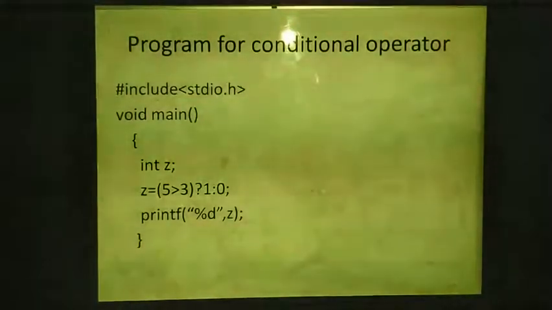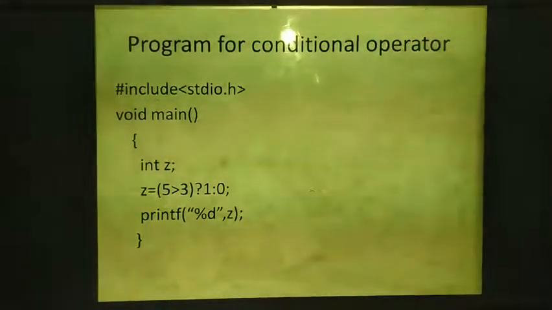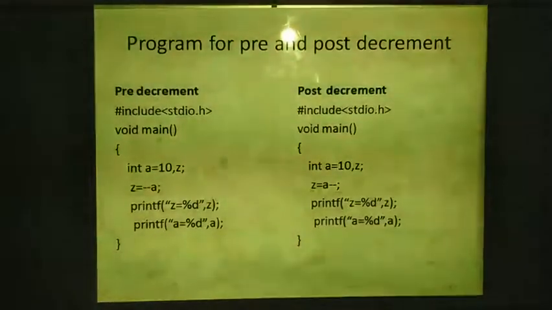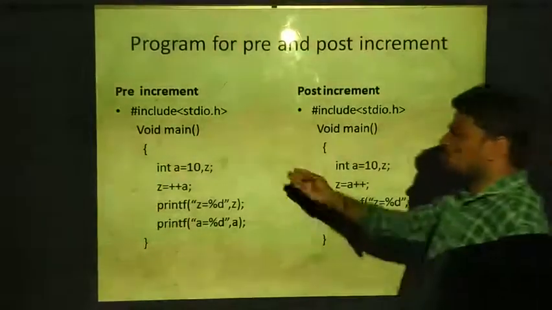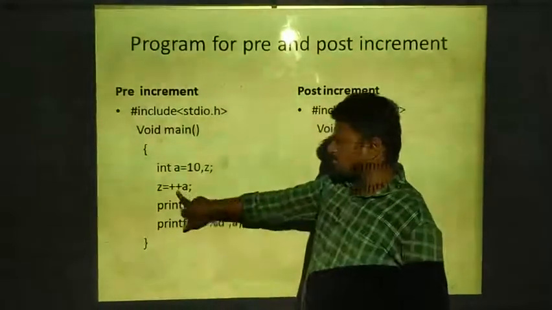So this is about increment and decrement operators and conditional operators. Once again I am explaining the programs. You can observe here. What will be the output for this? First it increases the value by 1.